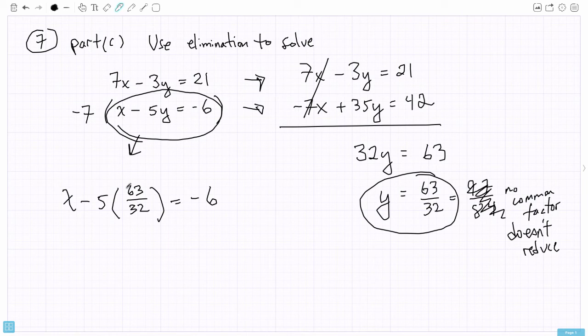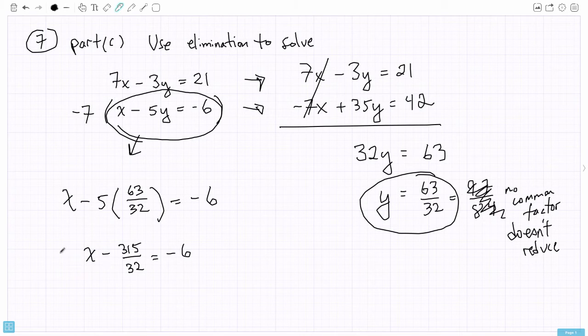So let's do 5 times 63, 315. So we'll have x minus 315 over 32 equals negative 6. Well, actually what we could do is we could just add that on the other side.